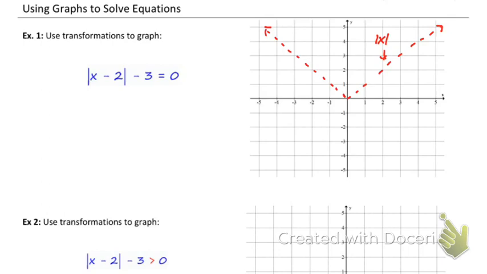So our final graph, let's make that green. That sounds like fun. Over 2, down 3 is going to be right here. And I do the same thing for all of the points. So this point right here, over 2, down 3 would be here. So we'd have that point, and we'd flip on the other side. If we did that for all our points, it would look something like this, and that's enough.